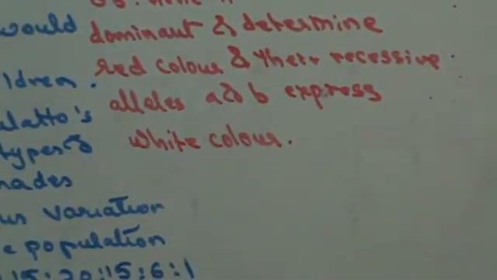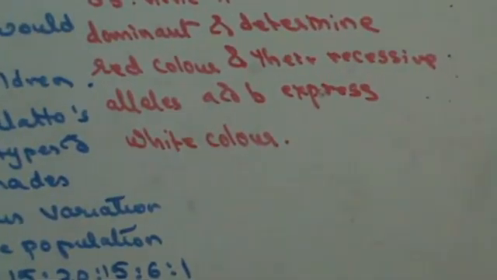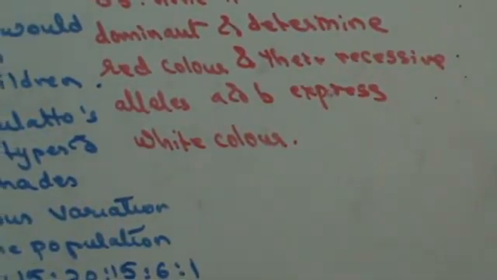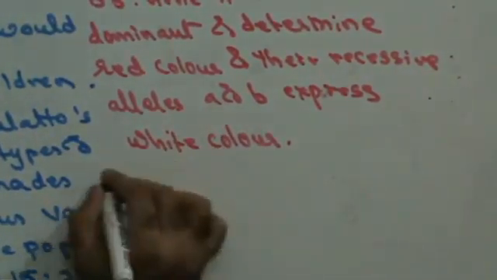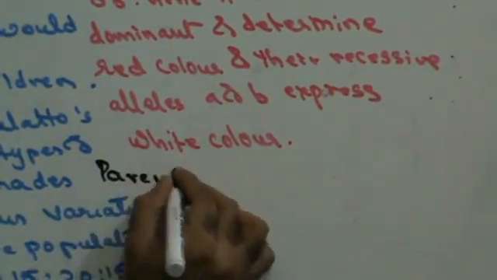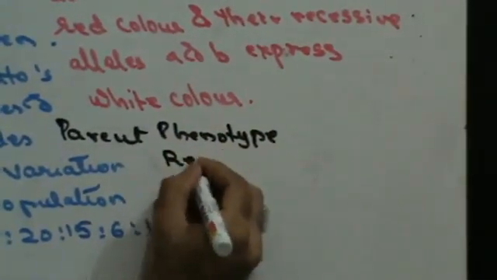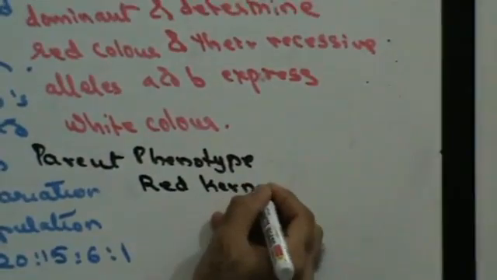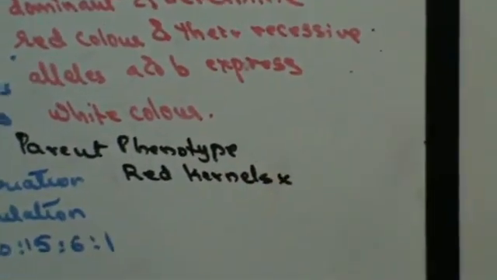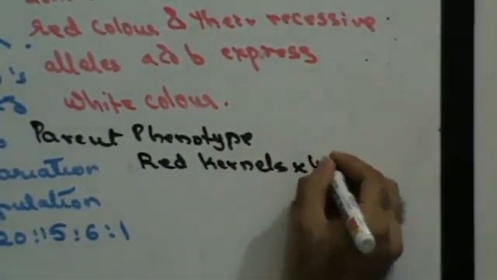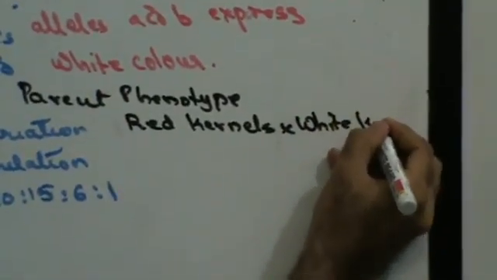Right? So if I show you graphically, this would be the parent phenotype: red kernels crossed with white kernels.